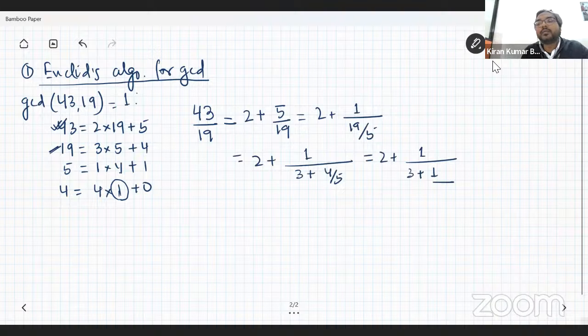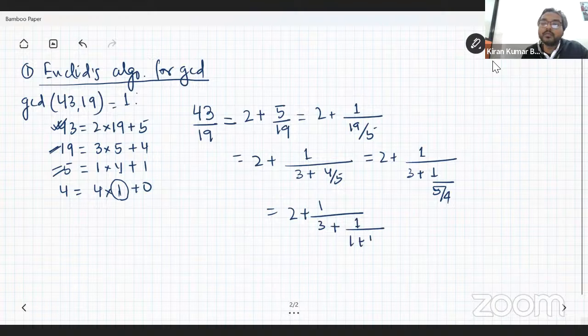And this again I write as 3 plus 1 divided by 5 by 4. Divide this equation by 5 by 4. I get 2 plus 1 by 3 plus 1 by 1 plus 1 by 4.